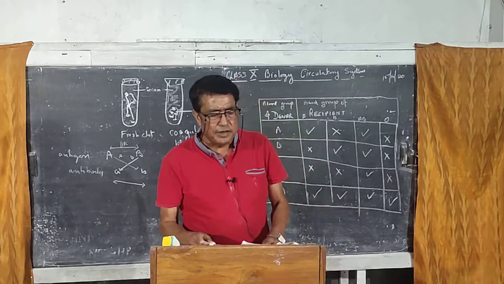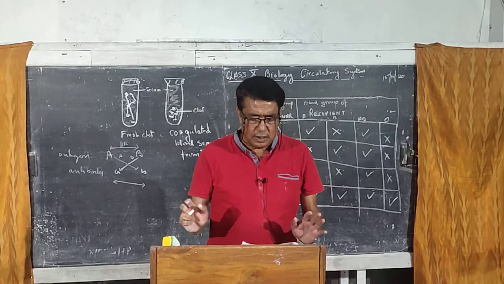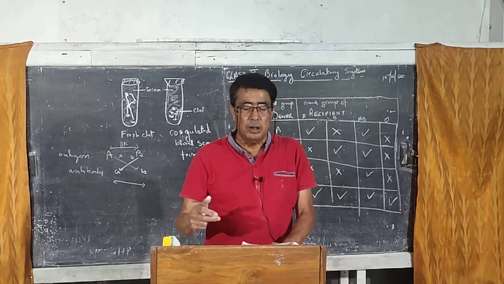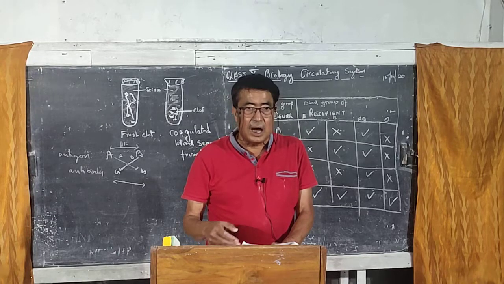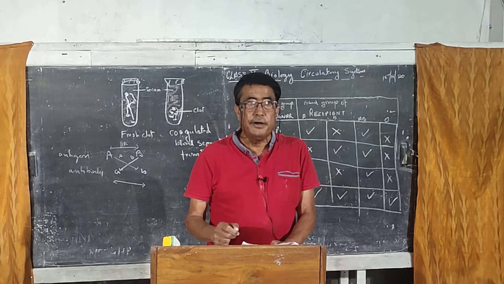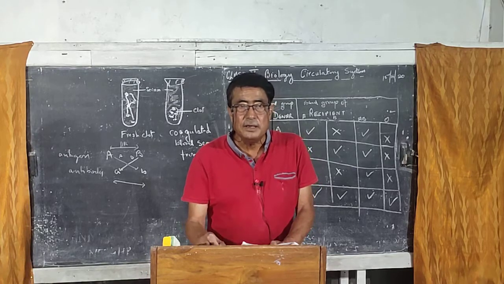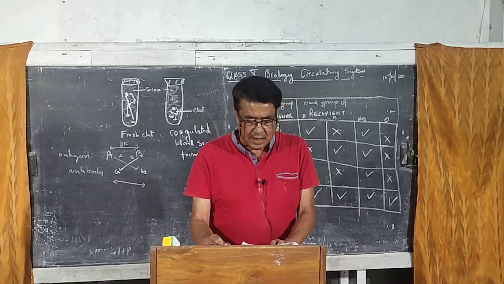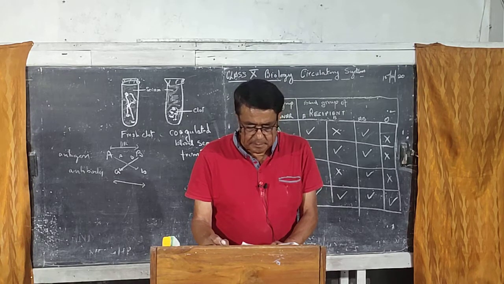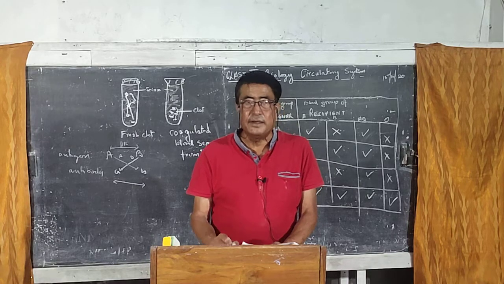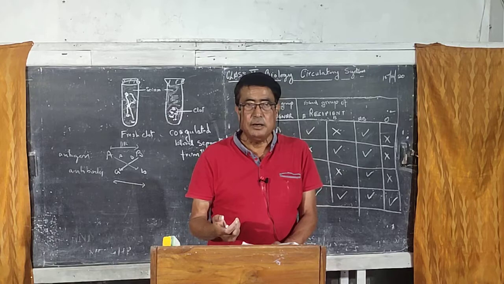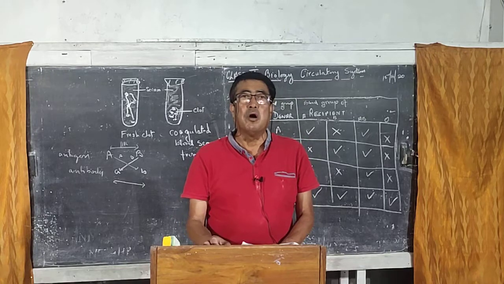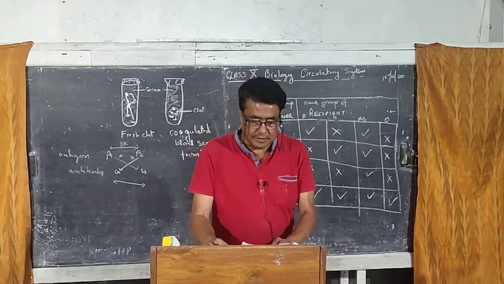Now, in this chapter, some of the important terms you must know. Pericardium, double wall that covers the heart. Coronary artery, the blood vessel that supplies blood to the heart muscles. Semilunar valve, the valves present at the base of the pulmonary artery and aorta are called semilunar valves.